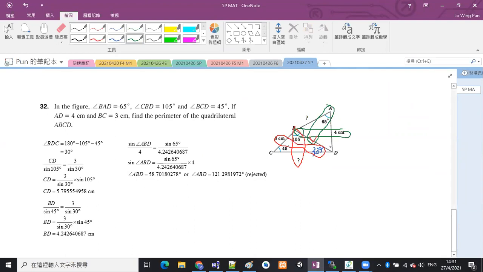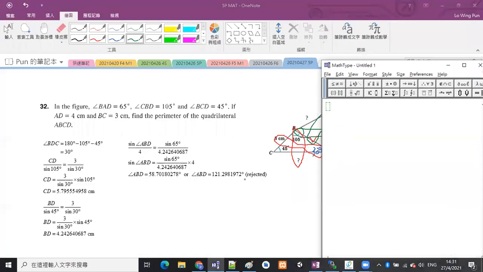And then we also need to use the angle sum of triangle to find angle D first. Because in order to find the question mark, we need to use the sine formula together with angle D, right? But now we have this angle ABD, we have 65 degrees, and we can use the angle sum of triangle to find angle ADB, okay?